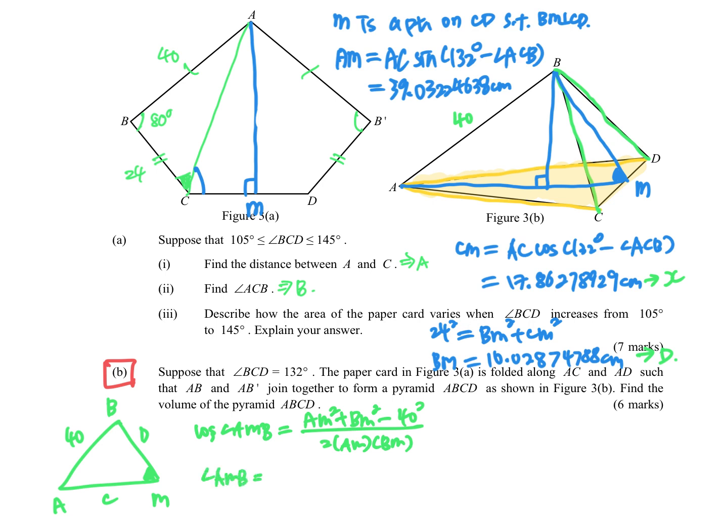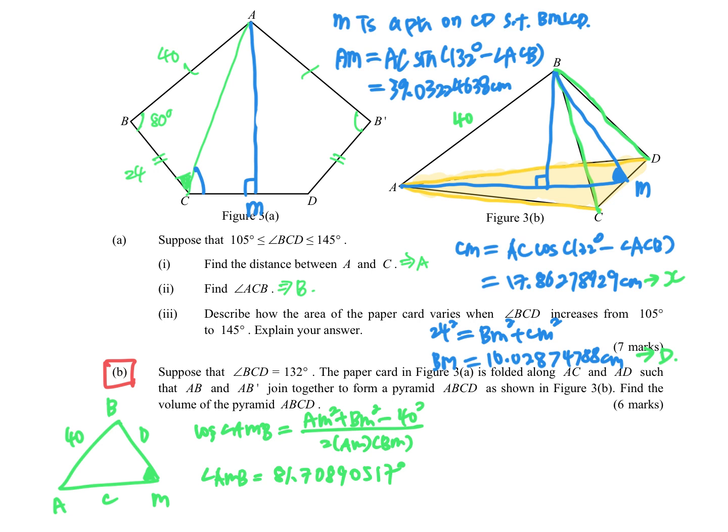So C squared plus D squared minus 40 squared over 2 times C times D. Taking the inverse cosine, we get 81.7. And then we have this angle, and very important, we want the height.